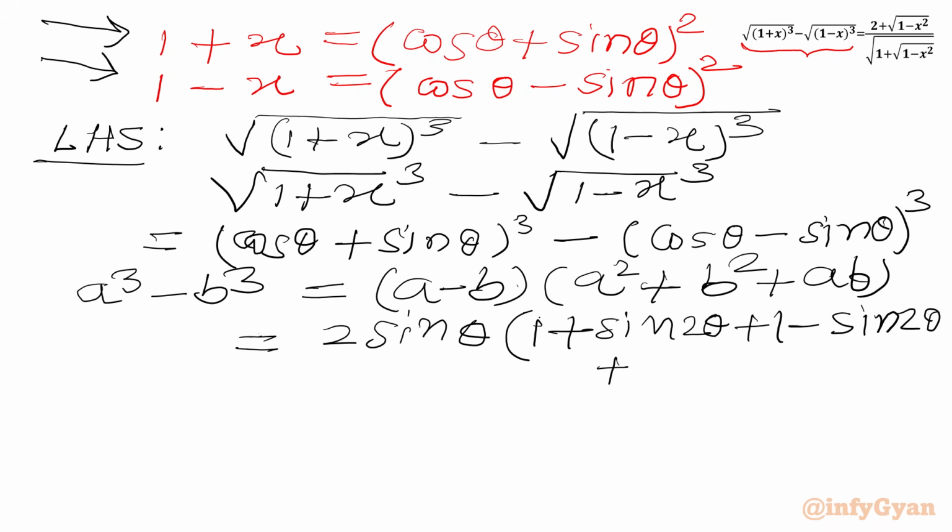Plus ab, the product of both, cos square theta minus sin square theta, using the difference of squares identity, which is equal to cos 2 theta. So I will write here cos 2 theta.